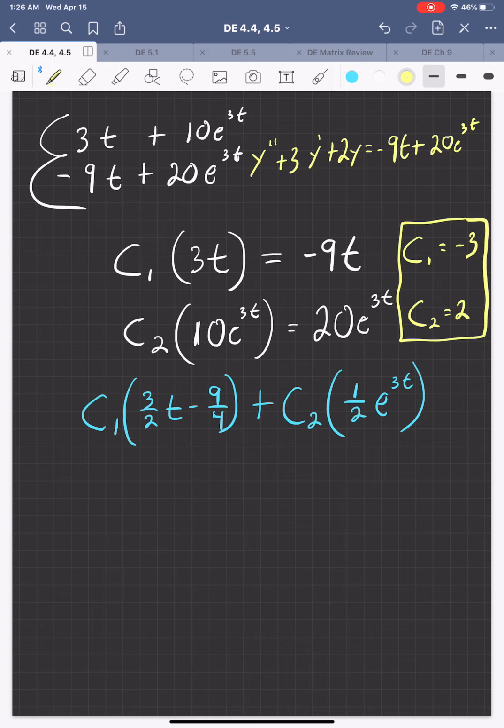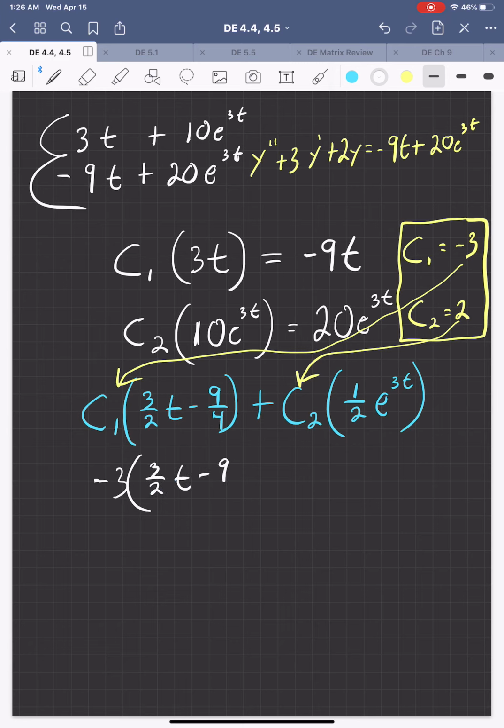Once you have your scalars, it's as simple as plugging in. We take negative 3 and distribute it to 3/2 t minus 9/4, and then 2, which we distribute to 1/2 e to the 3t. I'll distribute, and then I'll combine.